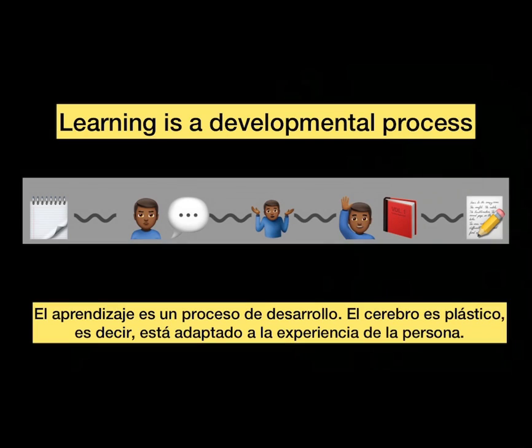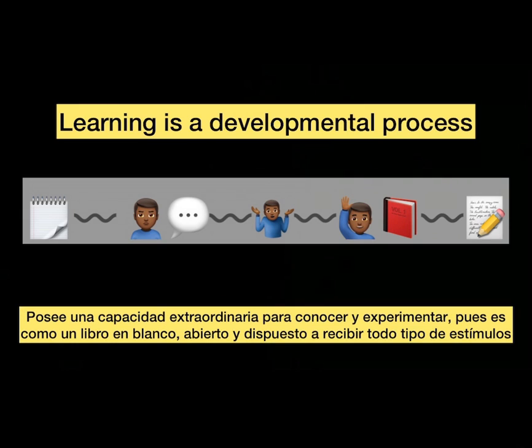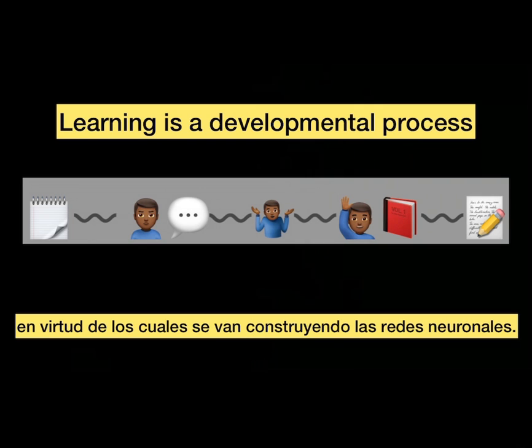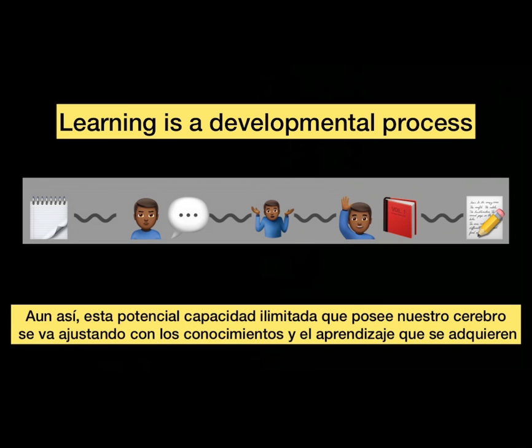Lastly, learning is a developmental process. The brain is plastic. That is, it adapts to the experience of the person. It has an extraordinary ability to know and experiment, as it is like a blank book, open and ready to receive all kinds of stimuli by virtue of which neural networks are being built.